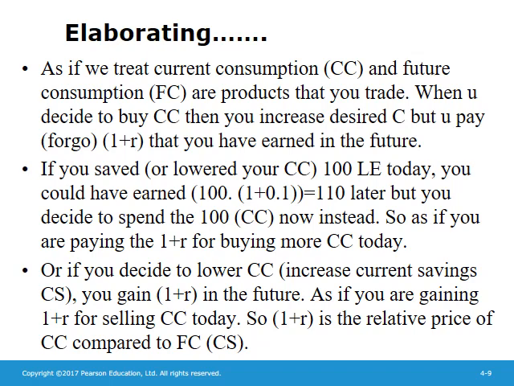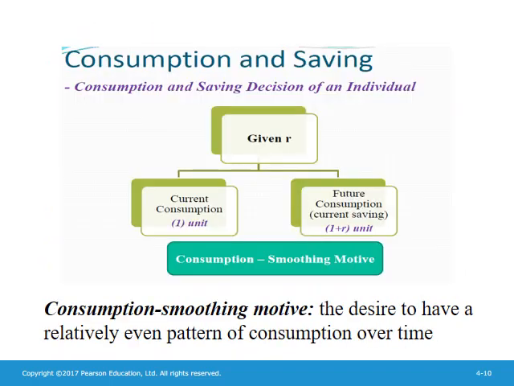So as if I'm selling this current consumption and gaining 1 plus R in return. So the 1 plus R represents the relative price of current consumption vis-a-vis future consumption, or when I say future consumption, it means current savings.